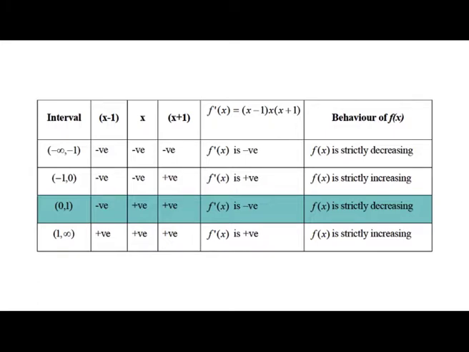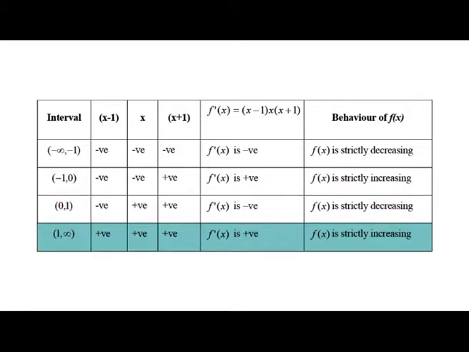In the interval 0 to 1, x minus 1 is negative, x is positive, x plus 1 is positive. So, f'(x) is negative, and hence f(x) is strictly decreasing. And finally, in the interval 1 to infinity, x minus 1 is positive, x is positive, x plus 1 is positive.